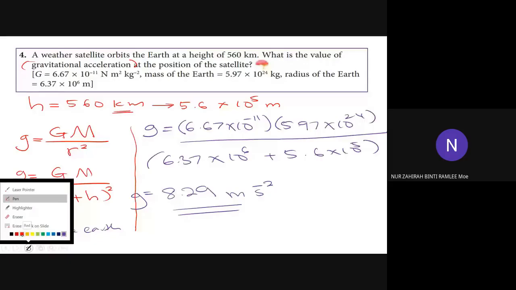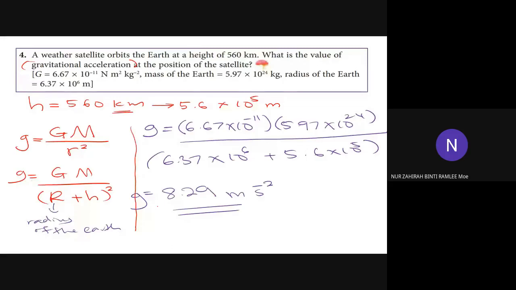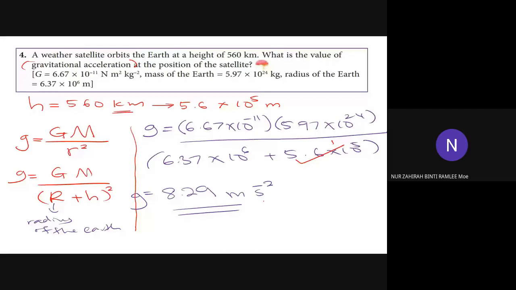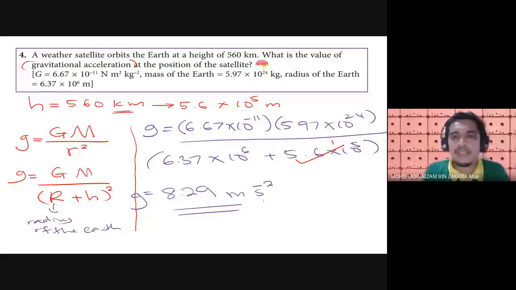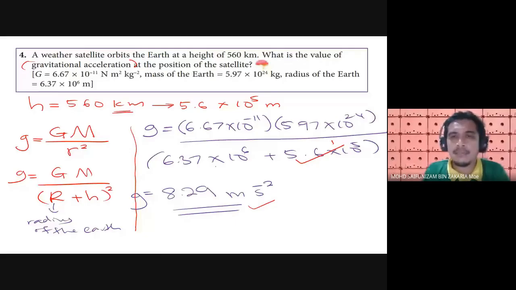Cikgu, kan 5.6 darab 10 kuasa 5 tu kan? Kalau tulis macam 56 ni, dia bukan dalam standard form. Kalau dalam darab dia, 560000, oh boleh juga, tak masalah. Okay, yang penting when you sum R and H, you get the same value.